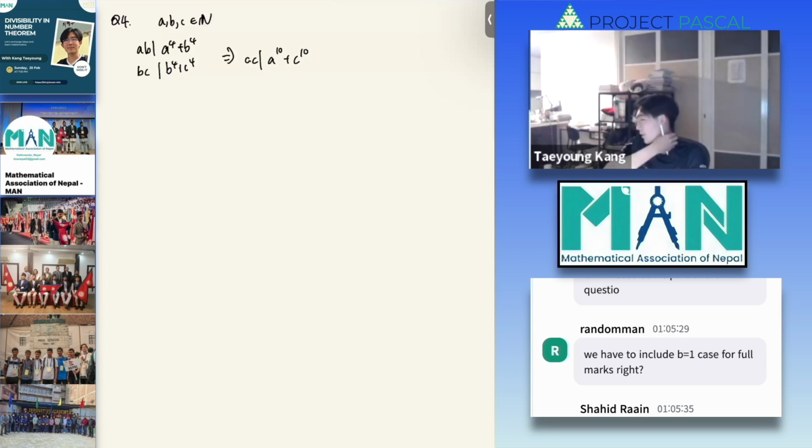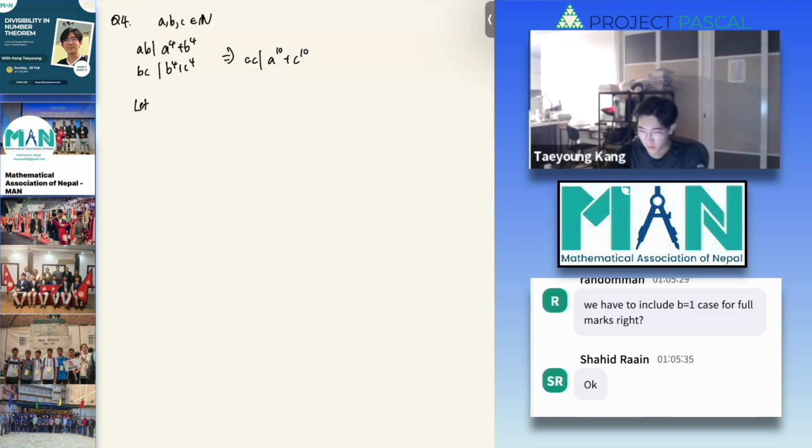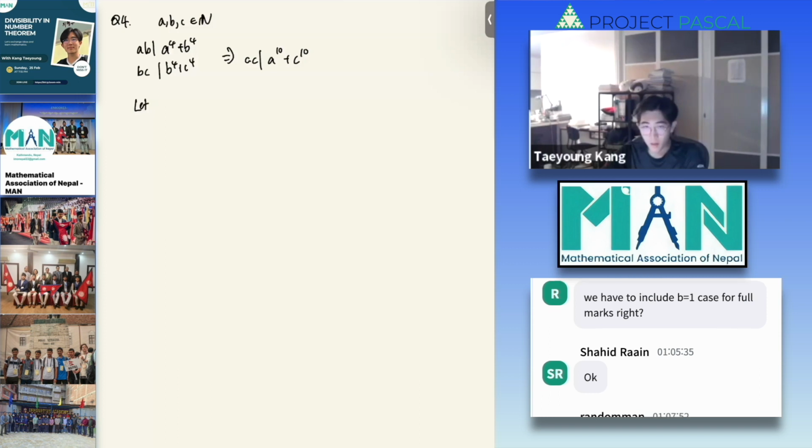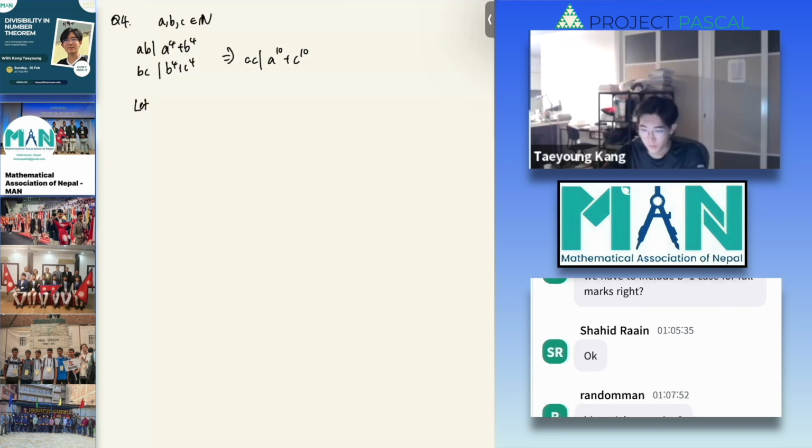So let the GCD of A, B, C be equal to X, for example.